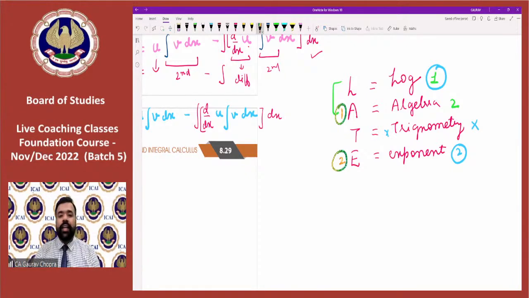Omega says it is I LATE, but yes, I is not usable here. That is why we have skipped I, because I means inverse trigonometric function, and that is not in our syllabus. All right. So that is why we have to just remember LATE. L for log, A for algebra, T for trigonometry, and E is for exponent.